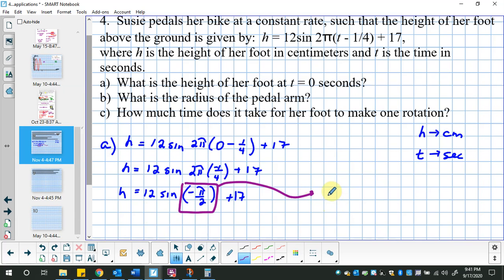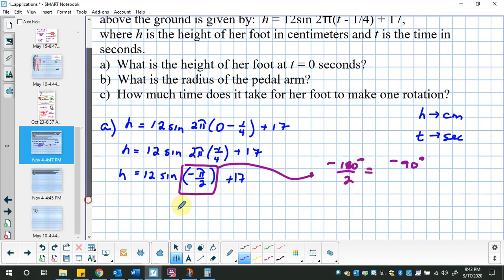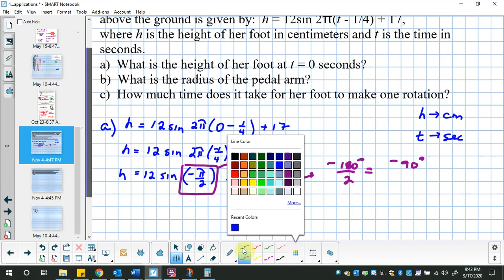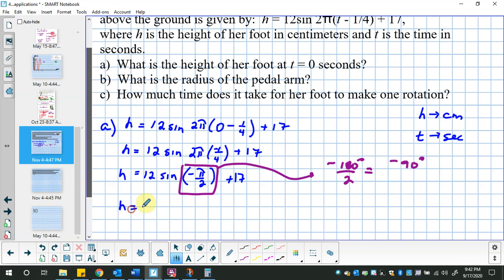So again, you can either times by 180 over pi, or you can turn your pi just into 180 because the pi's would cancel and you'd end up with negative 90. So h is equal to 12 sine negative 90 plus 17.